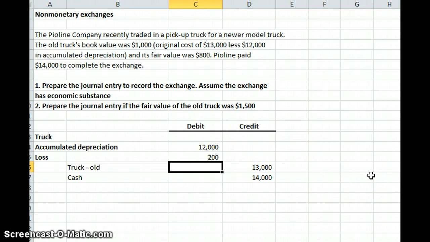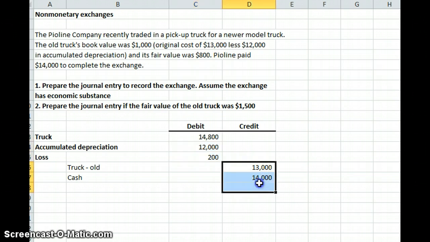Okay, that's going to leave me my value of my truck equaling the $14,000 of cash plus the $800 fair market value of the old truck that we traded in. Okay, so that's going to give us our $27,000 worth of debits offset by our $27,000 worth of credits.